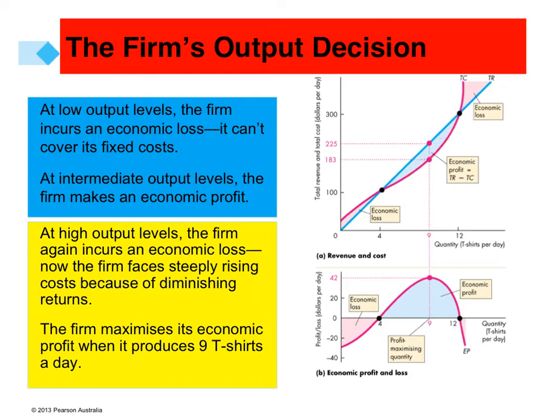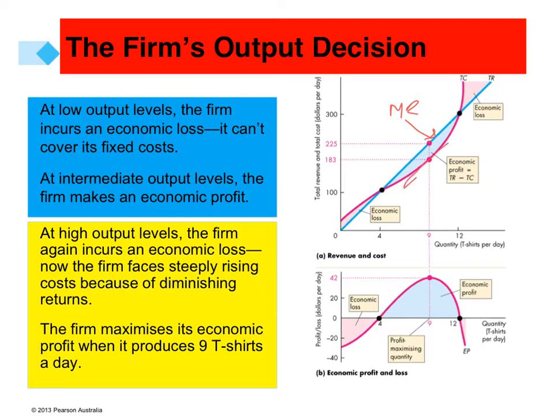The firm is in business to maximize profit, and so it chooses the output where the distance between the total revenue and the total cost is highest. At that point, we see this point here, that will be the marginal revenue, which is the slope of the curve and is constant.